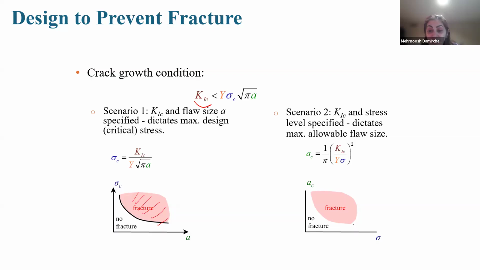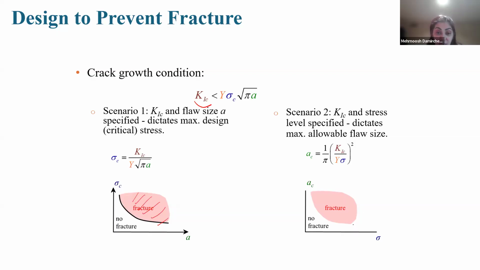In the second scenario, K1C and the stress level, sigma, are specified, and this dictates the maximum allowable size for the crack, meaning we can find AC.